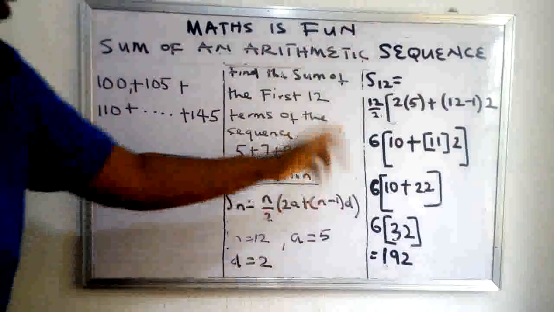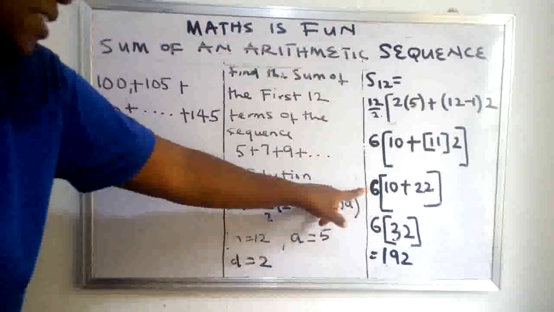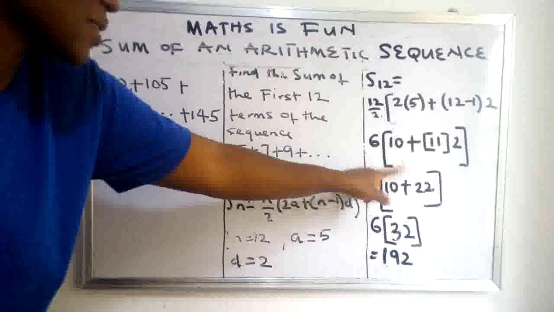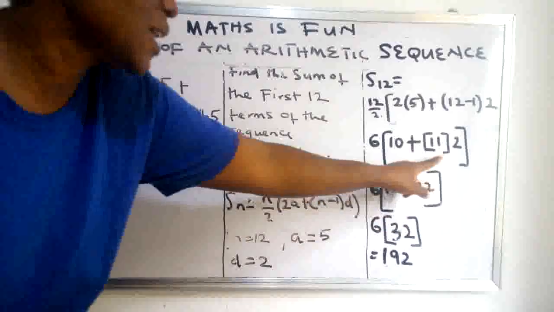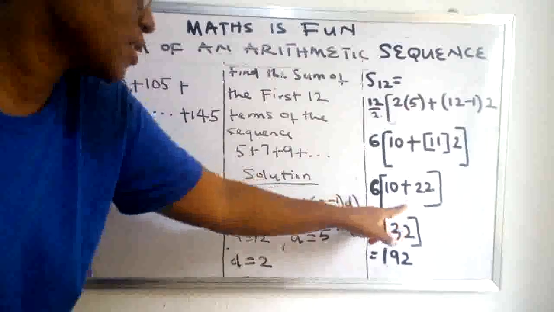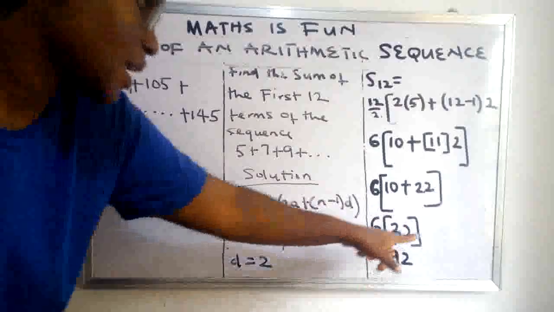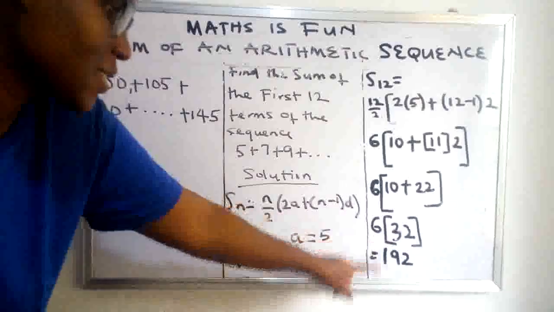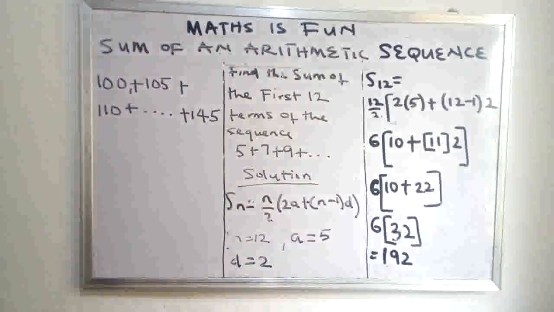Alright. We bring it down again. 6. Please don't throw away the 6 at any point. It's very useful. 6, open bracket, 10. Plus 11 times 2 gives us 22. So 22 plus 10 gives us 32. Are you there? 32 multiplied by 6 gives us 192.